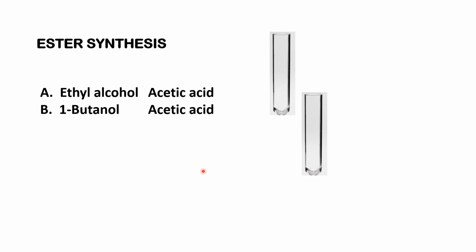Okay, so I added this part, ester synthesis. We will be synthesizing some esters. To the first test tube, you will add ethyl alcohol, 20 drops of the alcohol, and around 60 drops of the carboxylic acid.